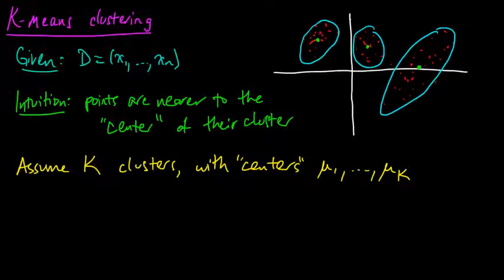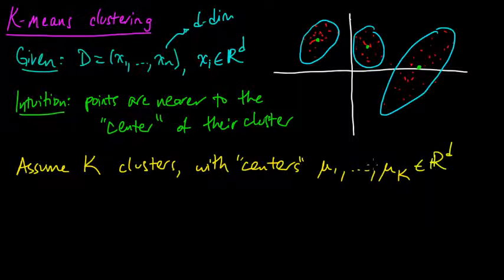In general in clustering, you may consider these points to just be d-dimensional vectors in some space, maybe not real space. But in k-means, we're going to consider them to be d-dimensional real vectors. The centers should live in the same space as the points themselves, so these are going to be d-dimensional real vectors.